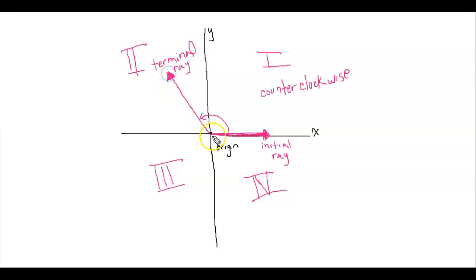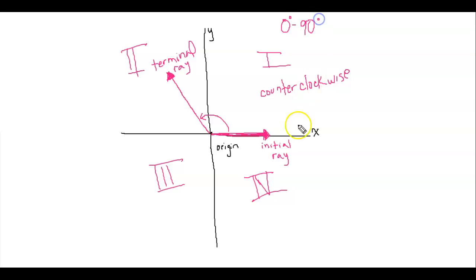So you have your vertex at 0, 0, your initial ray here on the x-axis, and your terminal ray on the other side, and it travels counterclockwise. So if we think about that, certain angles fall into different quadrants on the coordinate plane. Between 0 and 90 degrees is in this first quadrant.